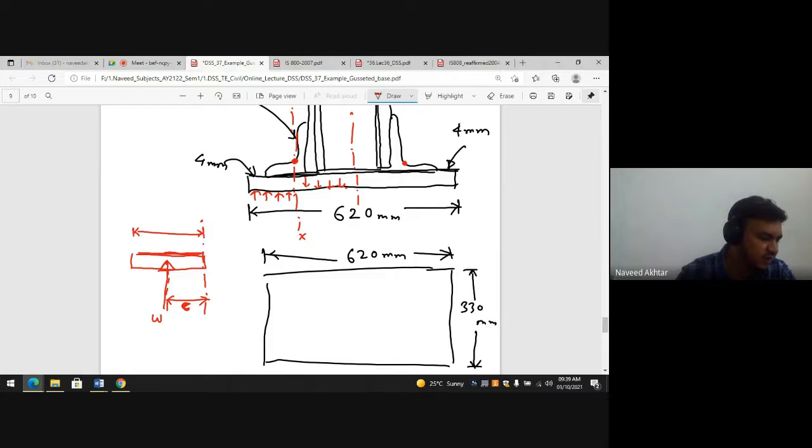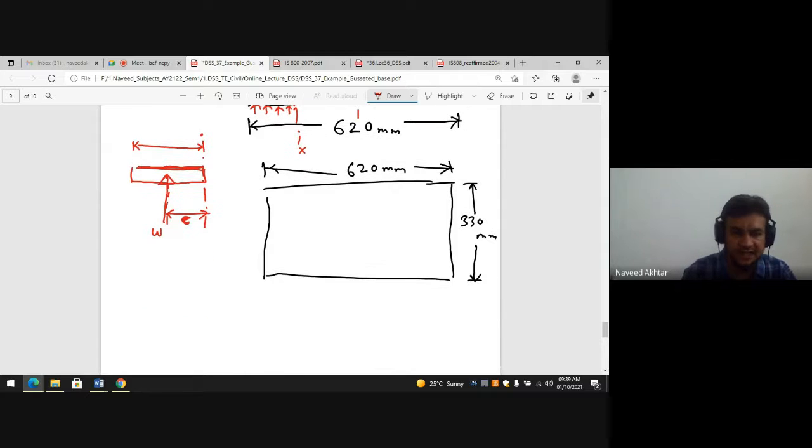If you find out the moment at the x-axis, it is a uniformly distributed upward pressure at the bottom, W into C, acting at the mid, C by 2.